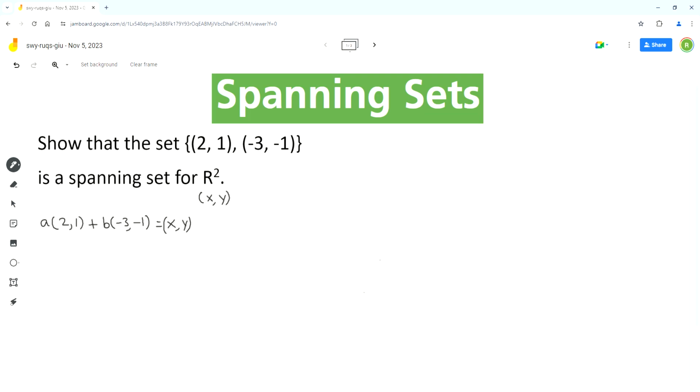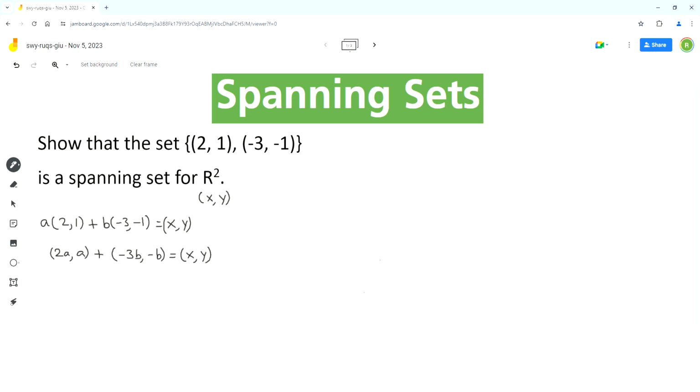So we'll multiply the first vector by a. So we get, and we'll multiply the second vector by b. Now we can add the two vectors.